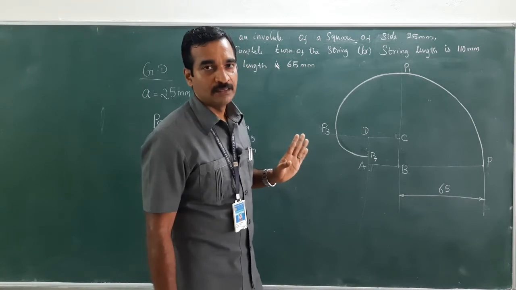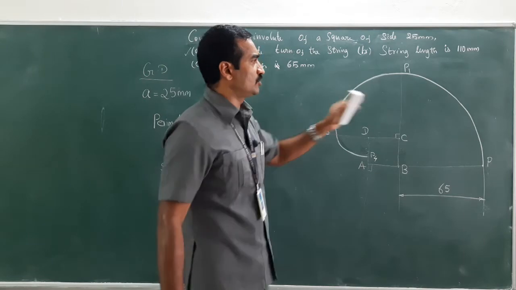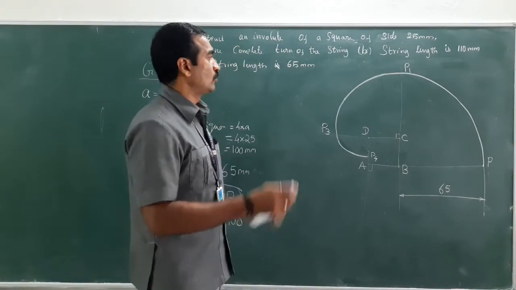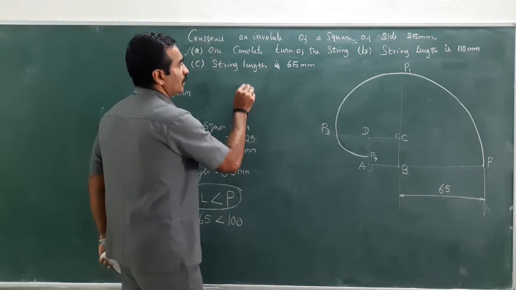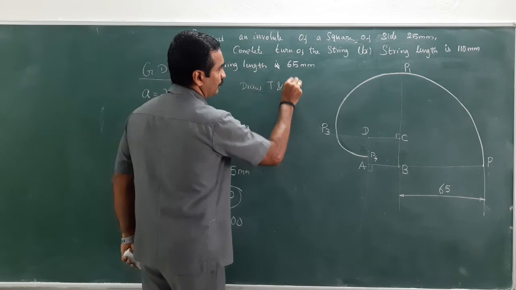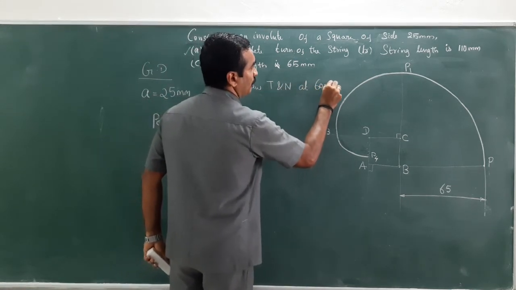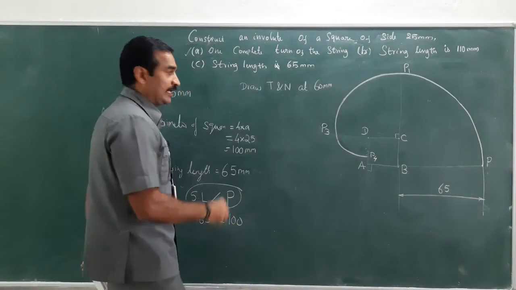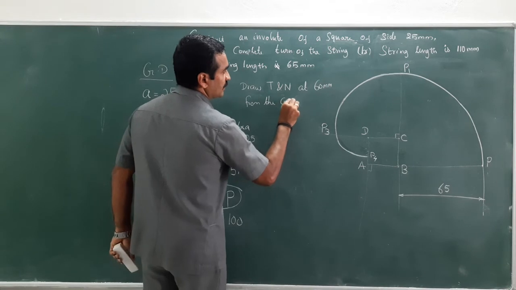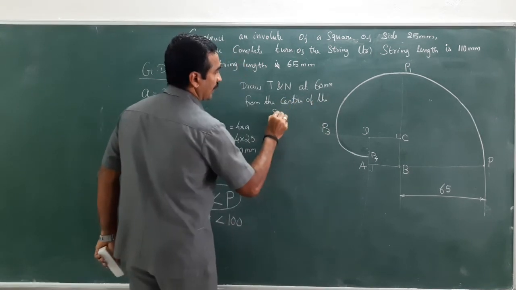What is next? The tangent and normal. In the normal case, even if it is not given, choose any point and draw the tangent and normal. Suppose the question says, draw the tangent and normal at 60 mm from the center of the square.